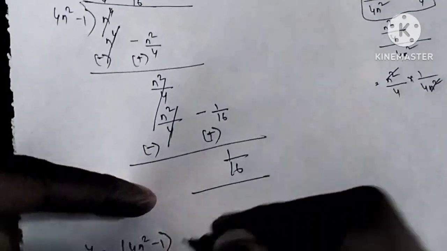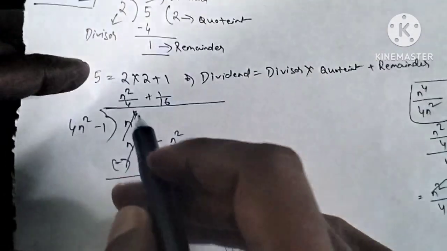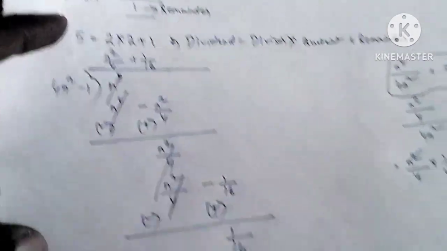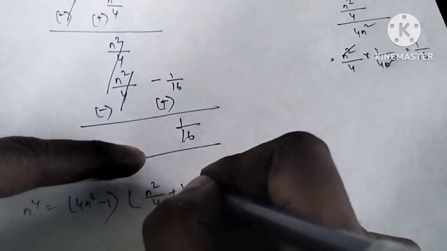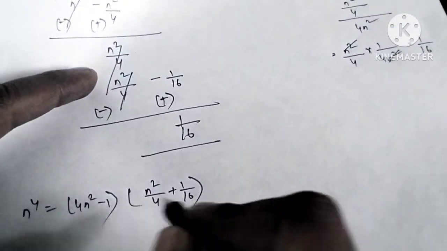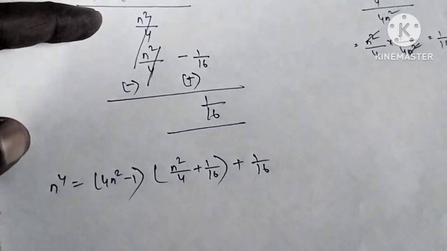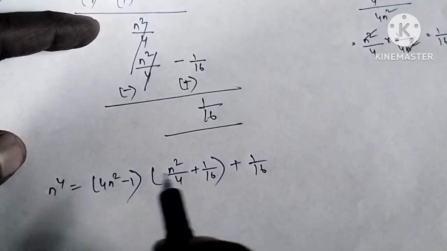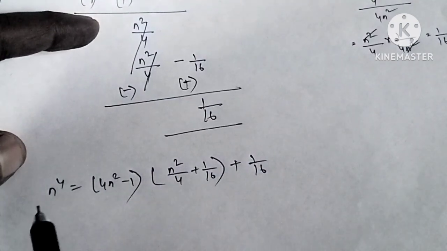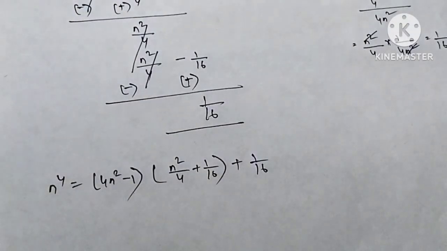What is the quotient? n square by 4 plus 1 by 16. So n to the power 4 can be written as divisor into quotient plus remainder. Dividend is equal to divisor into quotient plus remainder. So here we will write like that.